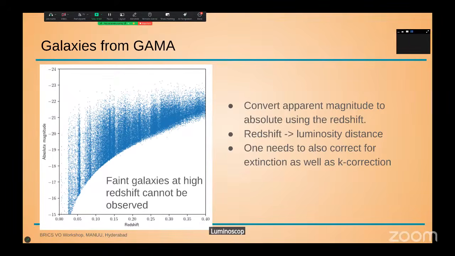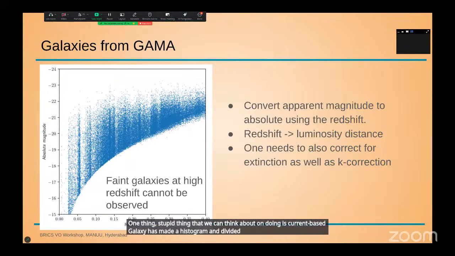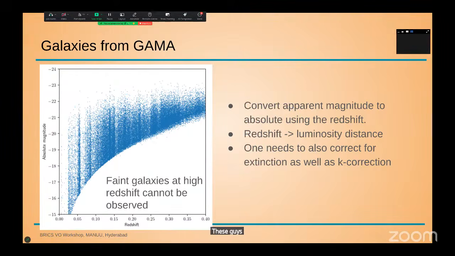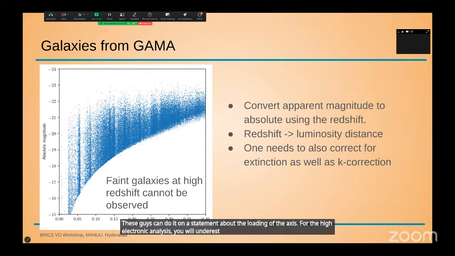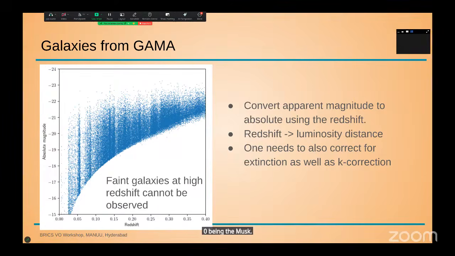One stupid thing that you can think of doing is count these galaxies, make a histogram, and divide it by some average redshift or something, calculate a volume out to that redshift and get the number out. But if you do that, you will overestimate the volume for the low luminosity galaxies. For the high luminosity galaxies, you will underestimate the volume. So you will skew the luminosity. That's not what we want.